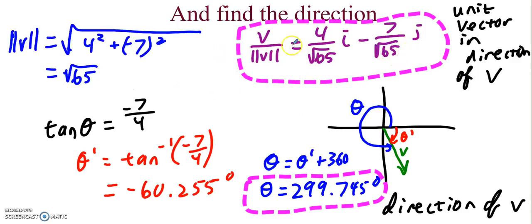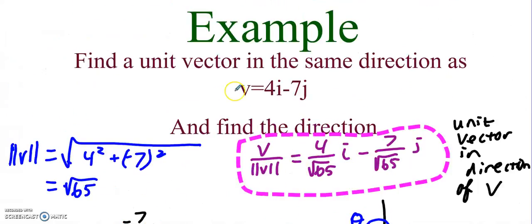All right, so hopefully you came up with the unit vector in the direction of vector v is going to be 4 over the square root of 65 i minus 7 over the square root of 65 j. If you rationalize these numbers, that's fine as well, but you don't have to. The direction of vector v is 299.745 degrees. So let's talk about how we get this.